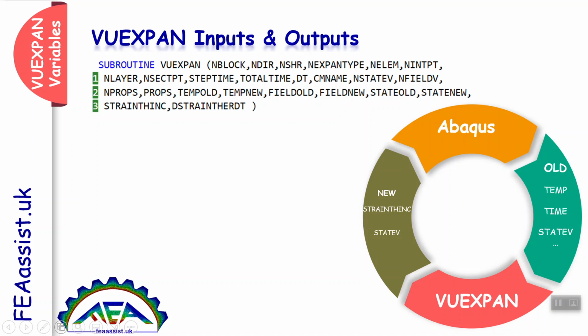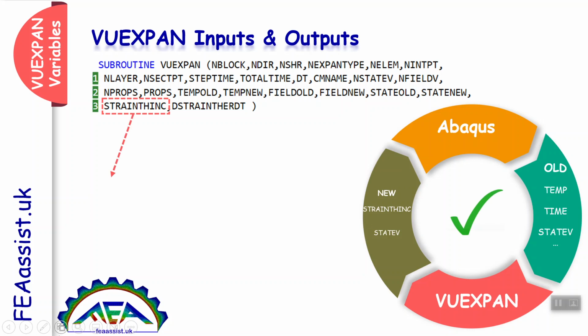Again, Abaqus uses these values to compute the new values for temperature, time, and state variables. This is how Abaqus and VUexpand interact with each other, which is necessary to understand well to write good VUexpand subroutines. For example, I explain one of the variables here.